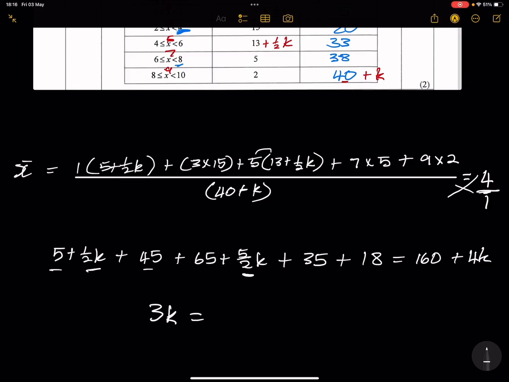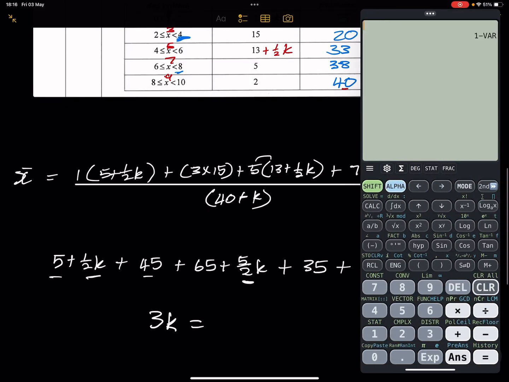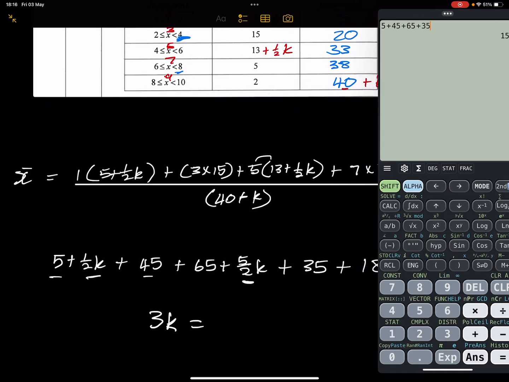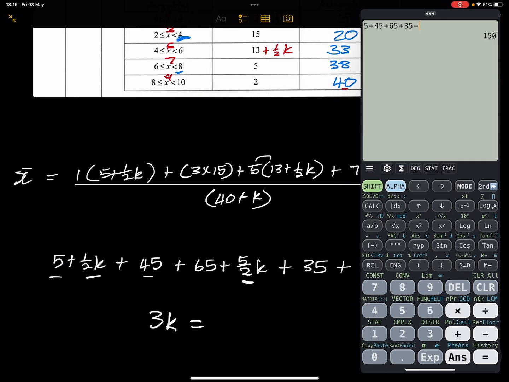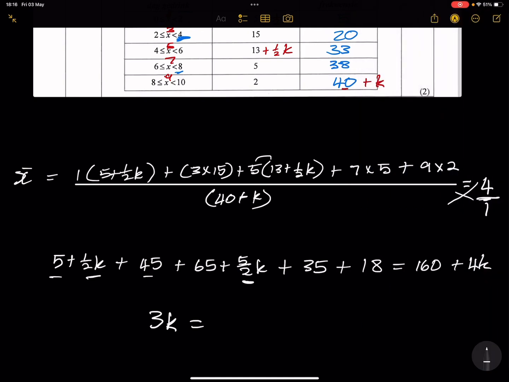Let's take everything else. So that's 5 plus 45 plus 65 plus 35 plus 18. We added all of that up and that gives us 168. So this is equal to 160 plus 4k, minus 168.